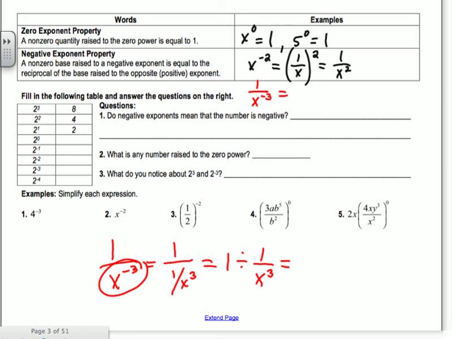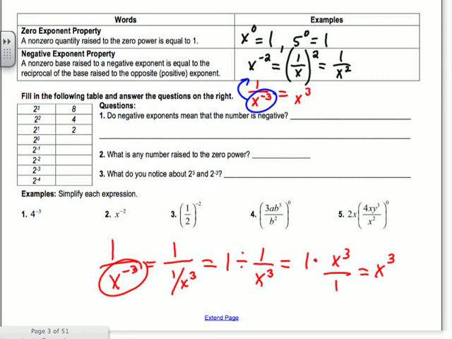What do I do when I divide by a fraction? Right, multiply by the reciprocal. So it's 1 times x cubed over 1. So it's just x cubed. So if I see 1 over x to the -3, I just write it as x to the 3rd. You just take the reciprocal and raise it to the positive. Did you see how that works? So I always remember if something's on the bottom and it's negative, I bring it to the top and I make it positive.